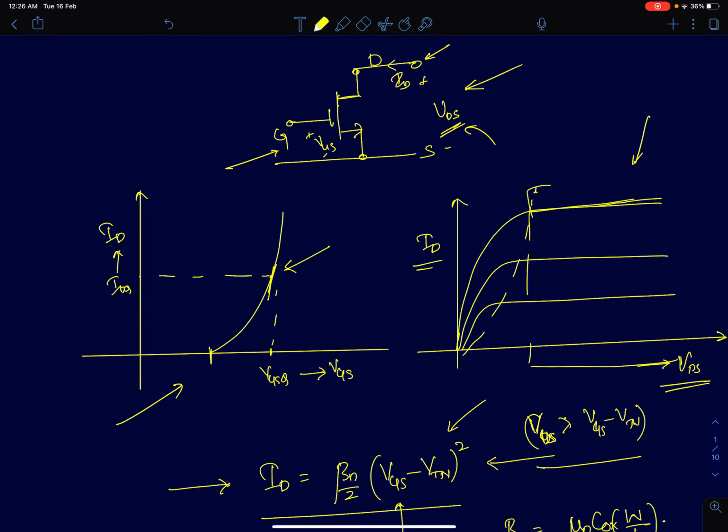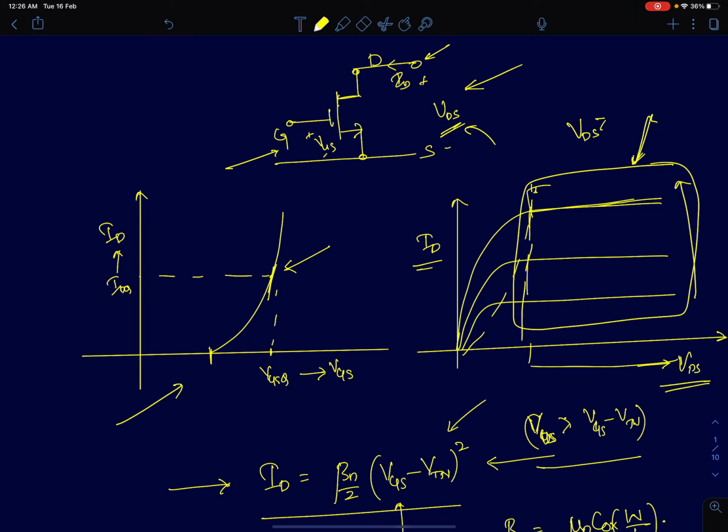To a first order, we said the output current in a region called the saturation region is independent of the output voltage, and if you change the input voltage, which is the gate to source voltage, the output current increases. This region is nothing but the region where the output voltage VDS is greater than VGS minus VTN.